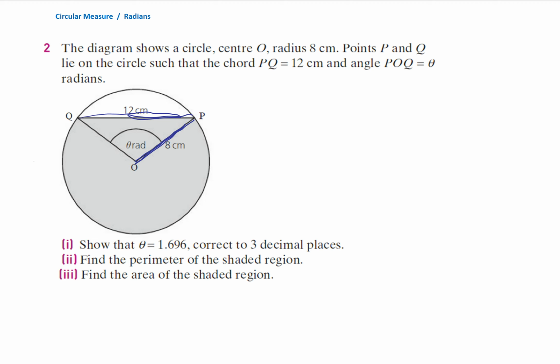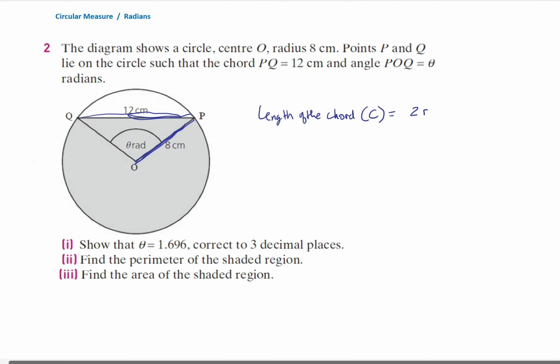So the way to do this is, if the length of the chord was C, then that is given by 2 times radius times sine of theta over 2. So we need to substitute the value of C here.